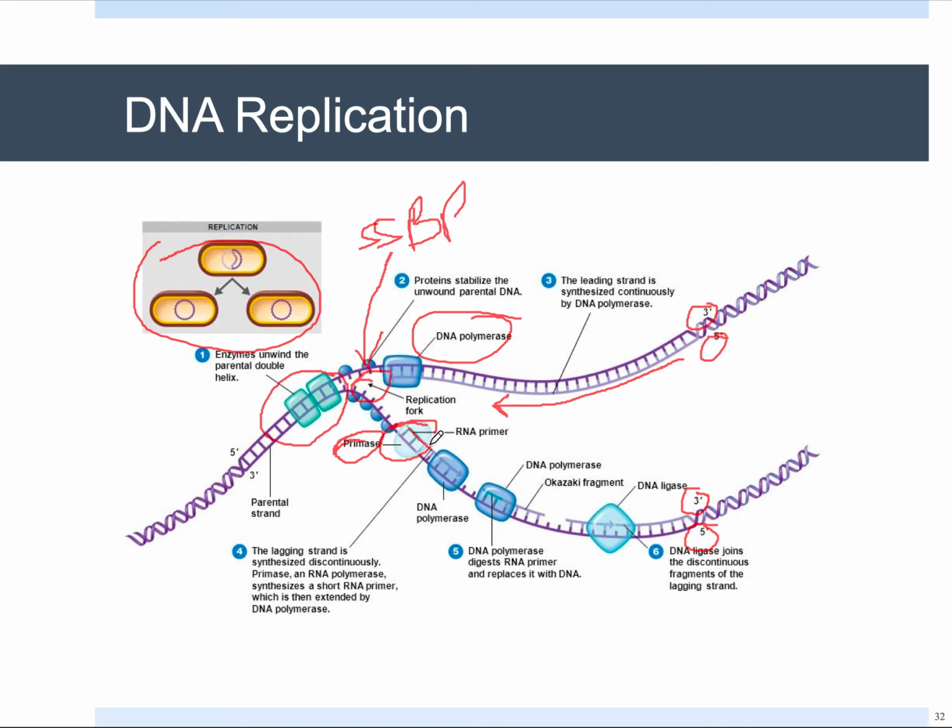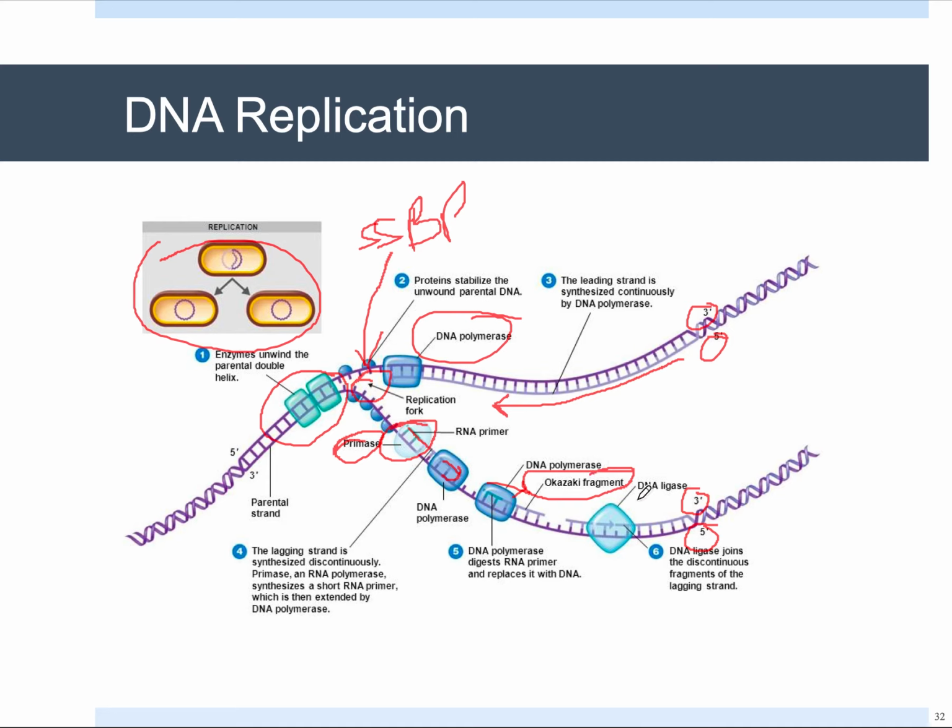So it does a little bit of it in this direction, because this is the 5 prime to 3 prime direction. And then because of that, you have short segments of new DNA strand that are created. And those fragments are called Okazaki fragments.